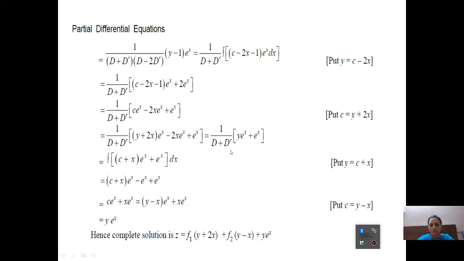Again we repeat the process: we keep x as it is in this function, and we replace y with c plus x. This plus x comes from this factor, where the plus 1 is a part of it. Whatever sign is written here, maybe plus or maybe minus, we place as it is in this expression.